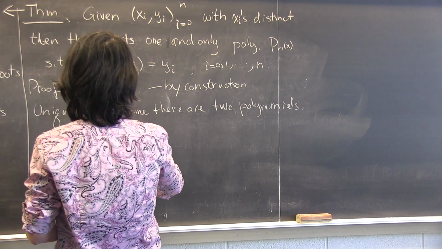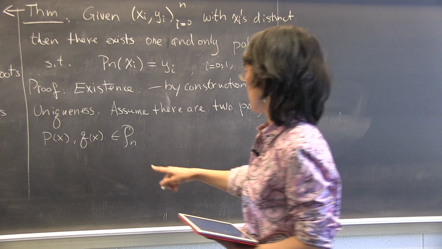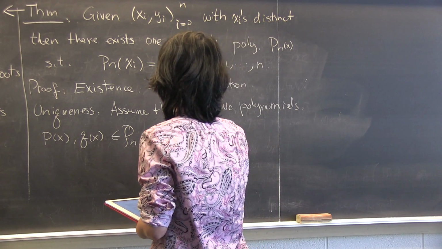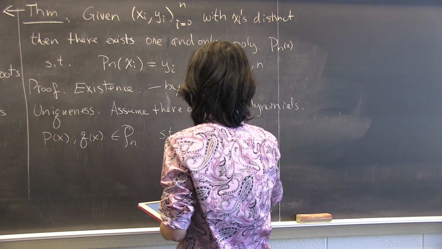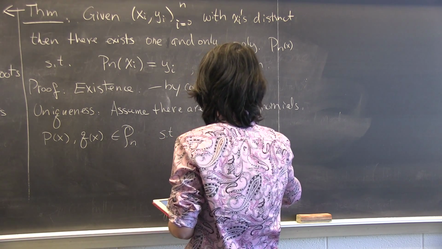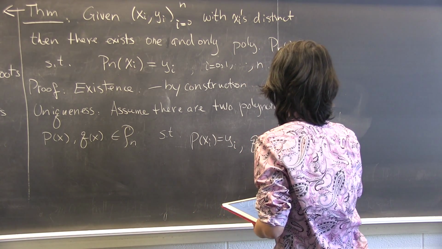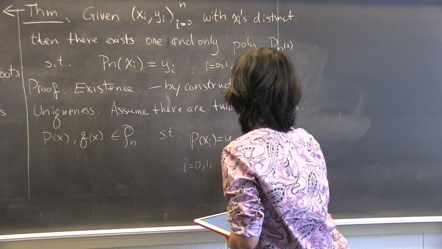So these are polynomials. This fancy P means the set of functions of all polynomials of degree n. The polynomials of degree n such that they both interpolate. So P of xi equals yi and Q of xi equals yi for all these i from 0, 1, to n.